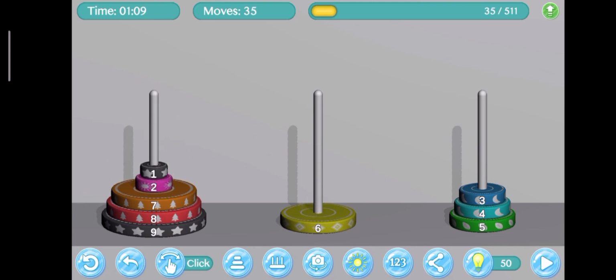See how we're not putting the 1 at the top of the odd number.